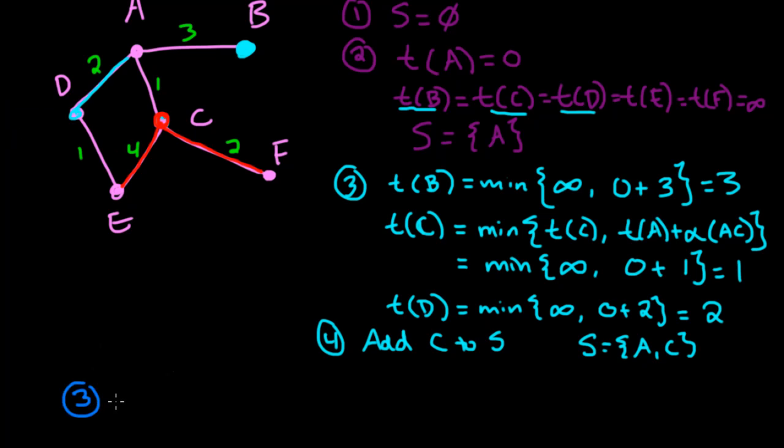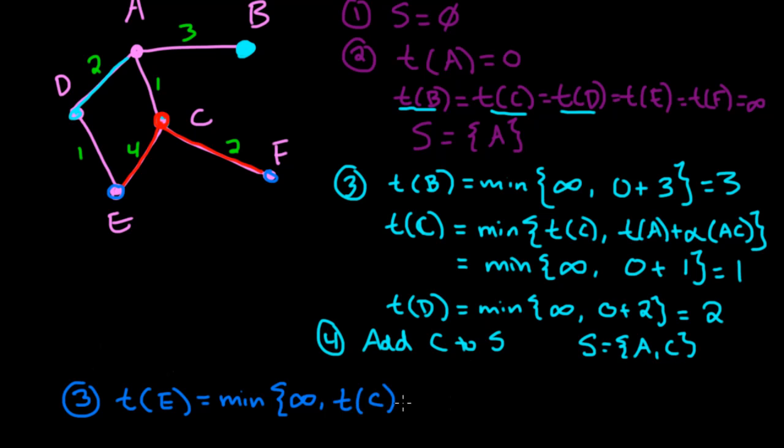Our latest vertex was vertex C, so we're looking at all of the vertices in the neighborhood there, which are not yet in the solution set. So that's E and F. And we're going to try to relabel those. So the new label of E is going to be equal to the minimum of what the label of E used to be, which was always infinity up until now. So that was infinity. And the other piece is the label of T of W. What is W? It's the latest vertex.